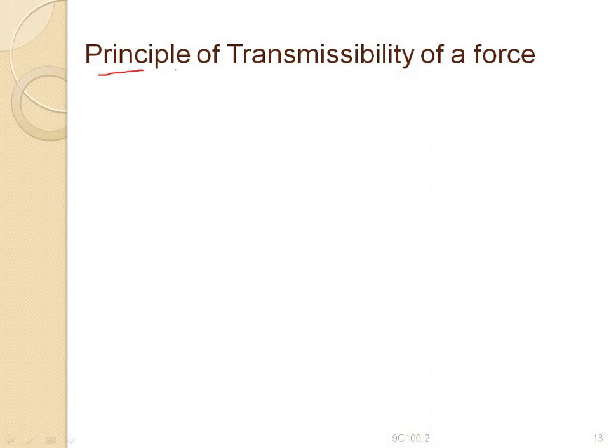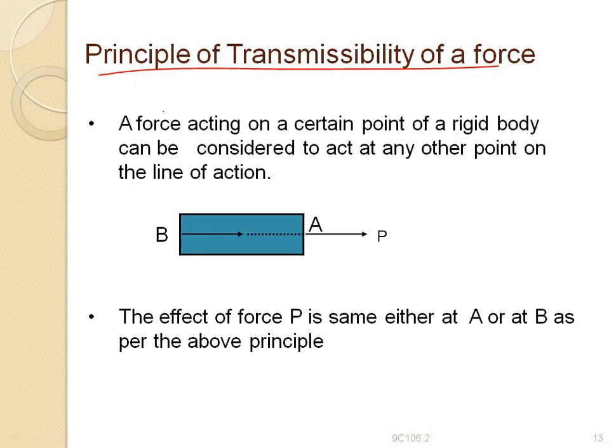Now, the principle of transmissibility of a force. A force acting on a certain point of a rigid body can be considered to act at any other point on its line of action.